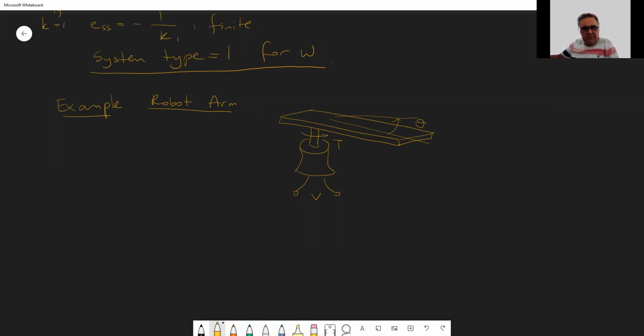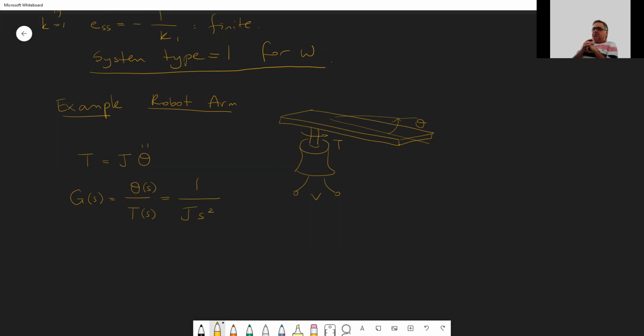The equation of motion for this arm is, as you might remember, the torque equals the polar moment of inertia times theta double dot. And the transfer function, theta of s, the output, divided by the torque, is 1 over J s squared.